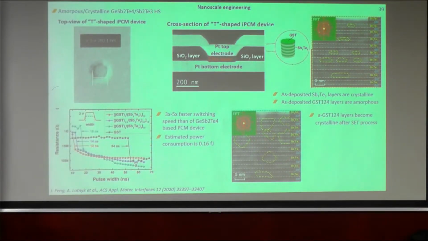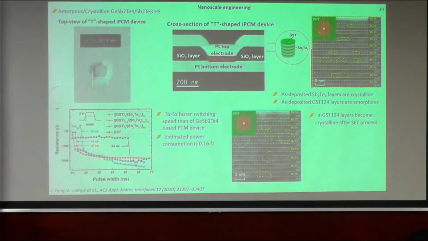The idea is to produce multi-layers consisting of different types of phase change materials. In this case, we used antimony telluride and GST.